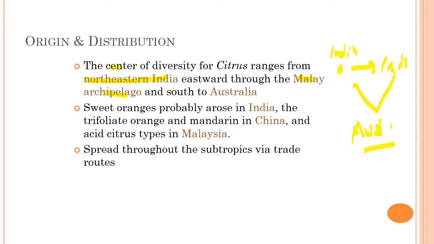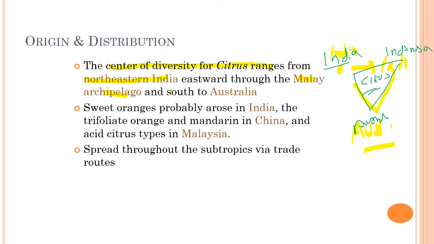So that is the center of diversity. Most of these 1,600 something species originate from this area. Okay, you need to know this information, that it's actually a big area from India to Indonesia to Australia. This whole triangle is a very big part of the world. This is where the citrus species are found mostly, the origin, the diversity is there.